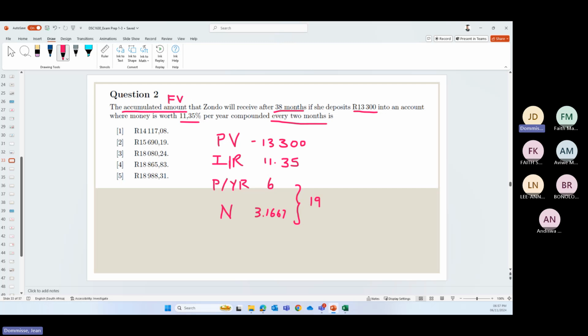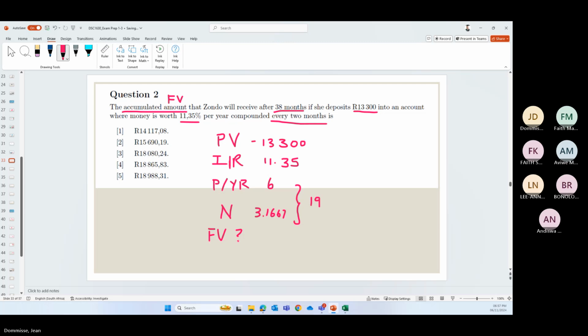But it's not always that easy just to spot it in the question. So they very seldom say work out the future value or work out the present value. We need to get that accumulated amount, which is actually our future value.